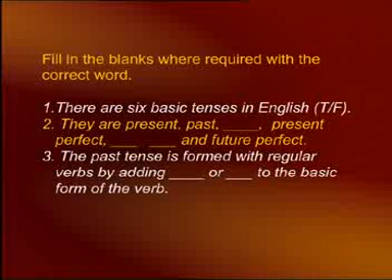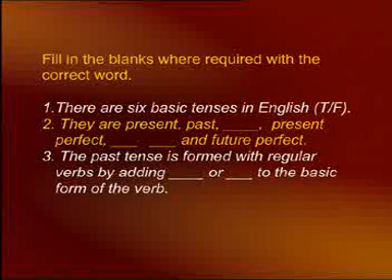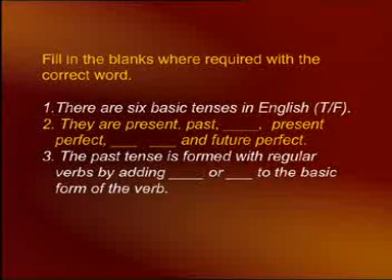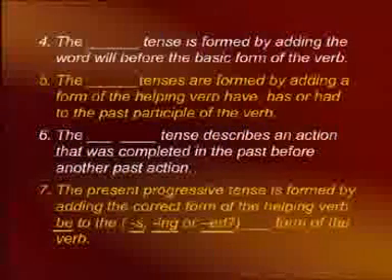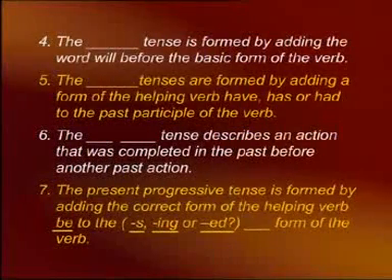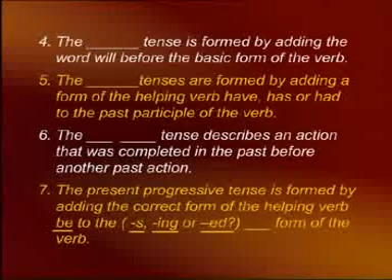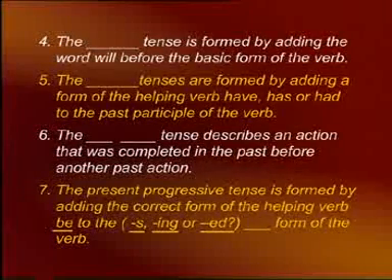Number 3, the past tense is formed with regular verbs by adding to the basic form of the verb. What has to be added to make the past tense? Simple, ed or d. Number 4, which tense is formed by adding the word will before the basic form of the verb?